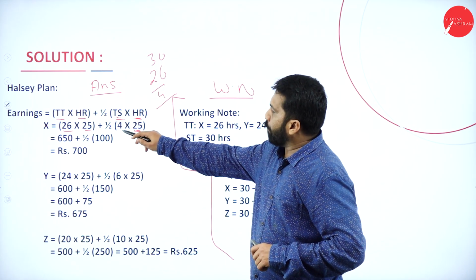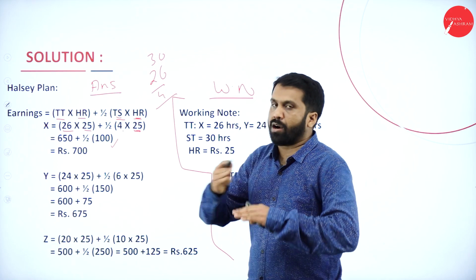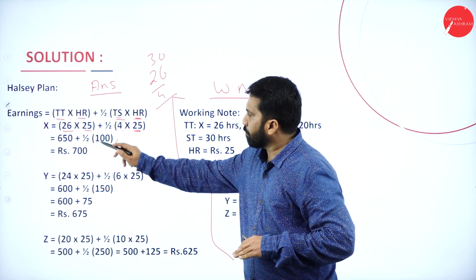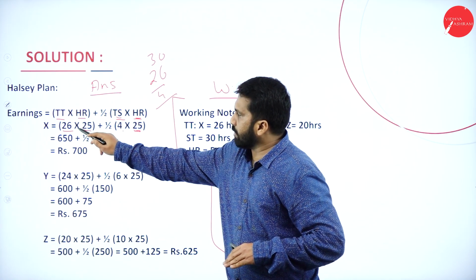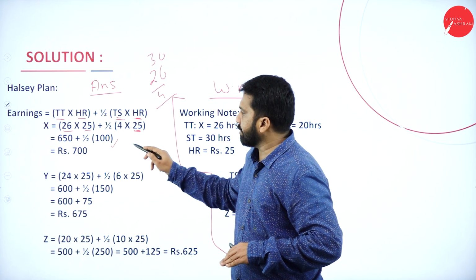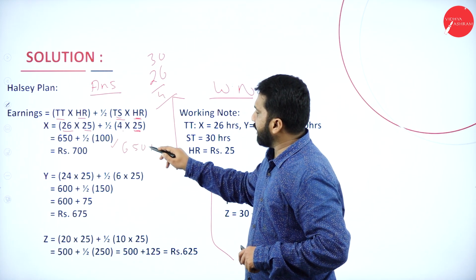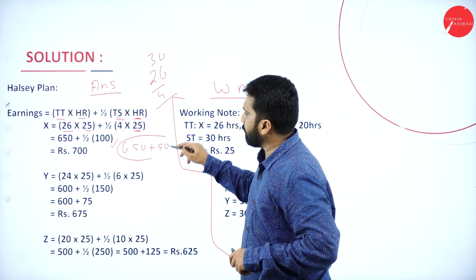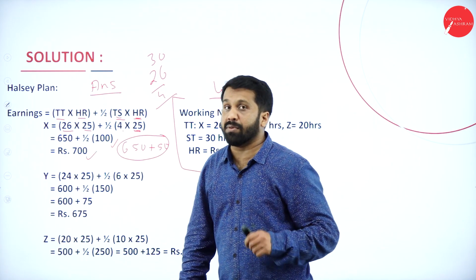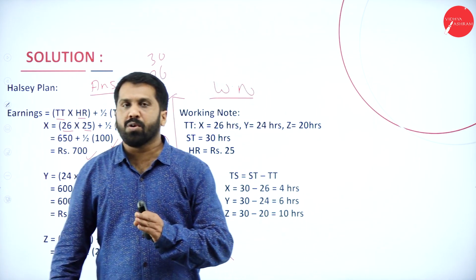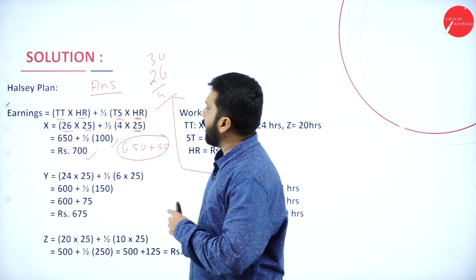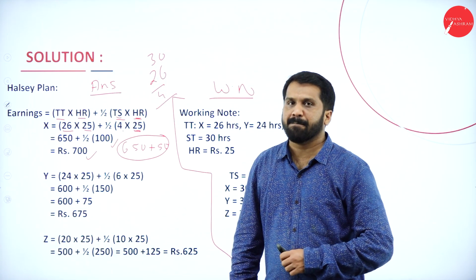Now, 4 into 25 is 100, half of that is 50. So 26 into 25 is 650, plus 50, he will be given 700. Hope you understood. This is all about your wholesale plan.